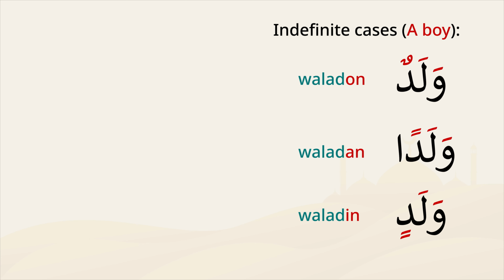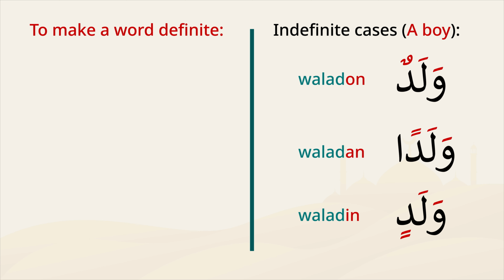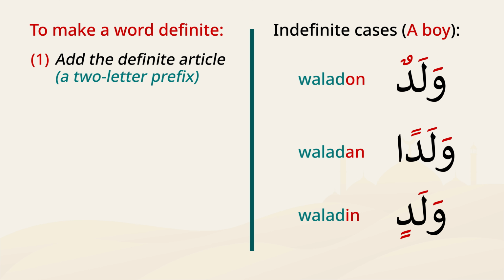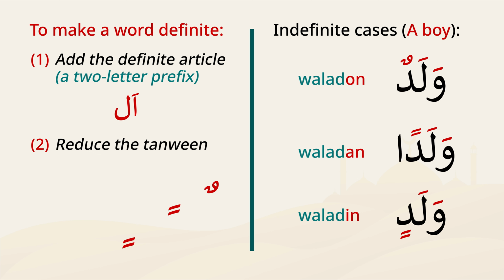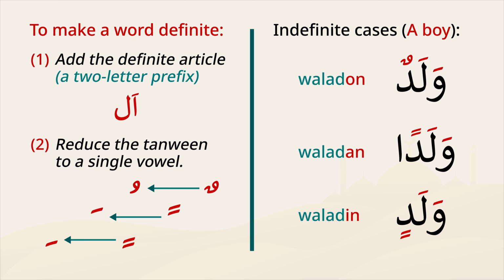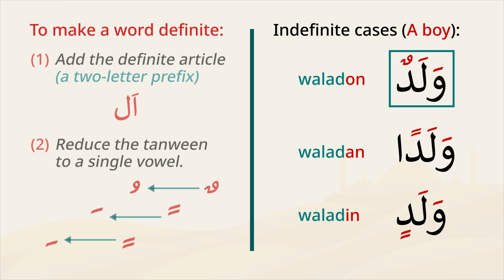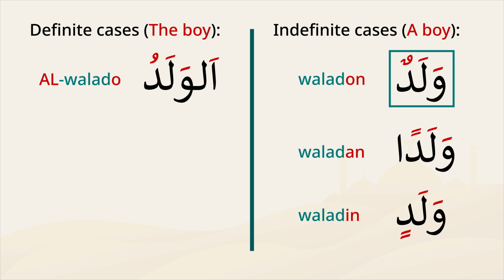If we want to make this word definite, we take two steps. First, we add the definite article, which is a two-letter prefix, al, to the beginning of the word. Second, we reduce the tanween and replace it with a single vowel mark. So, waladun becomes al-waladu.